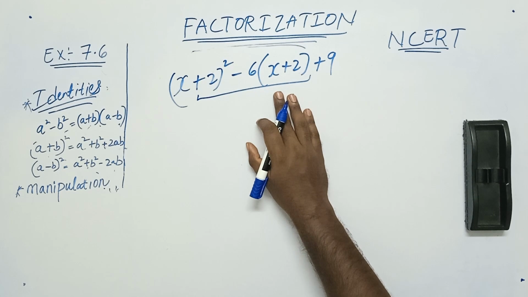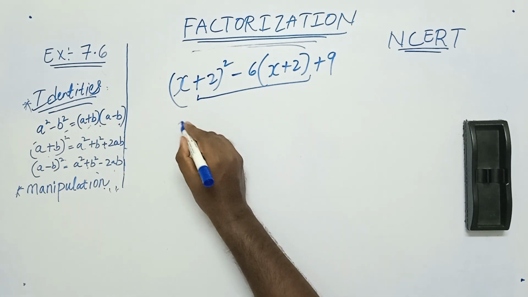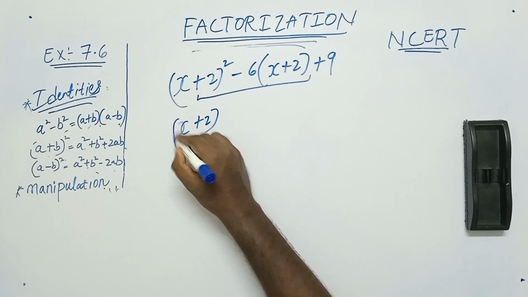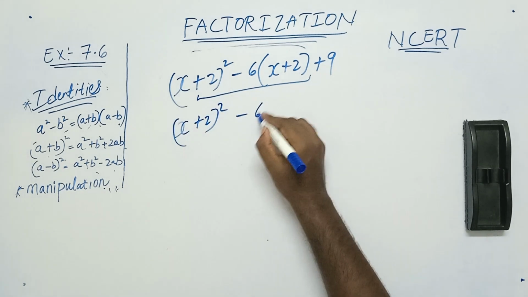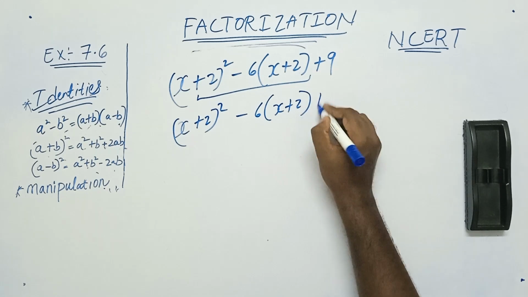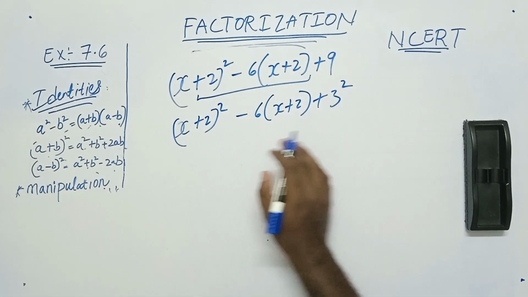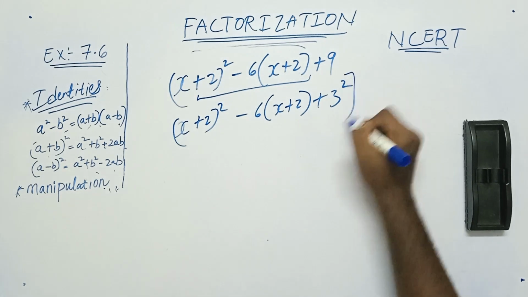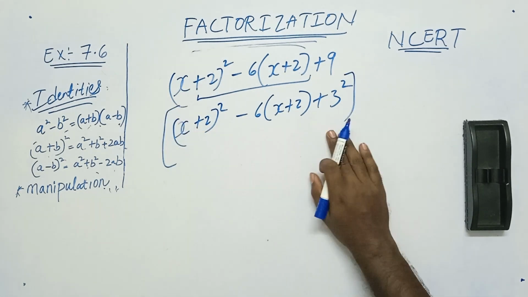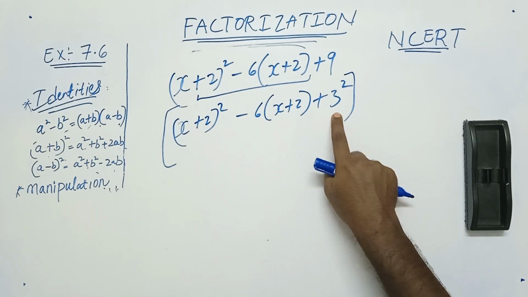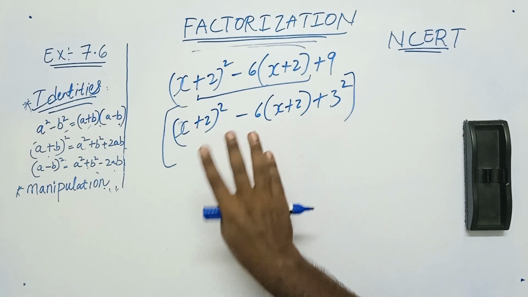If you write (x plus 2) whole square minus 6(x plus 2) plus 3 square, and you observe this expression, it looks like (a minus b) whole square.